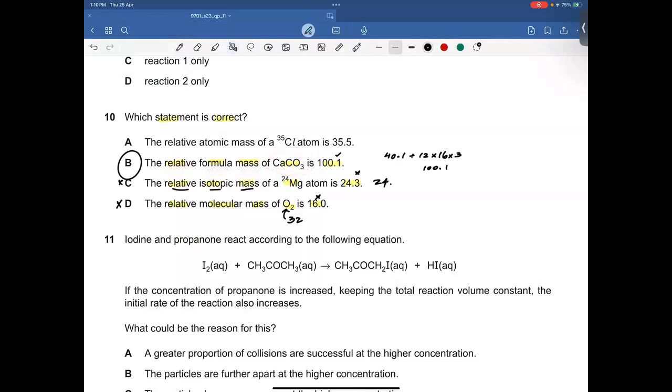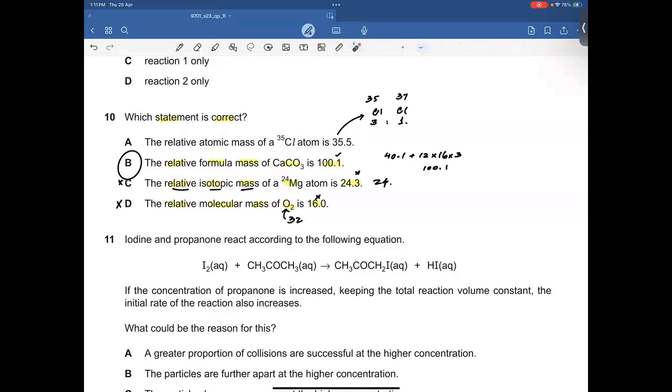Let me discuss this one. The relative atomic mass of chlorine atom is 35.5. No, because this 35.5 shows both the isotopes of chlorine, 35 and 37. They usually exist in a 3:1 ratio, right?